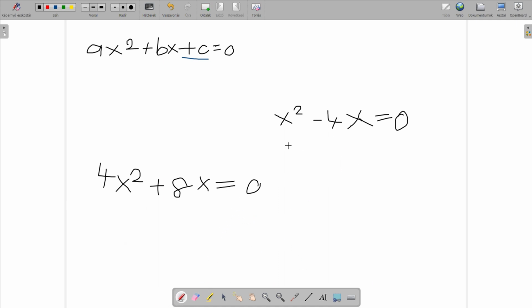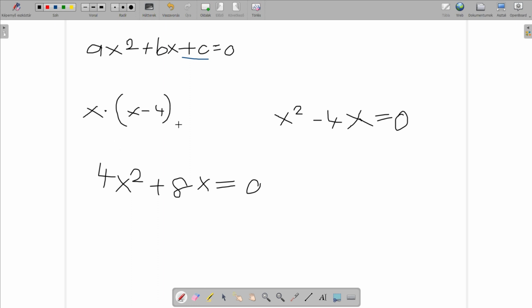Now let's try this guy right here: x squared minus 4x equals 0. By the way, you can feel free to just pause the video at any time and try to solve them yourself. I would assume you will be able to do it by now. So we have x, and we will also have x, and keep in mind that it's minus 4, because x times minus 4 is minus 4x.